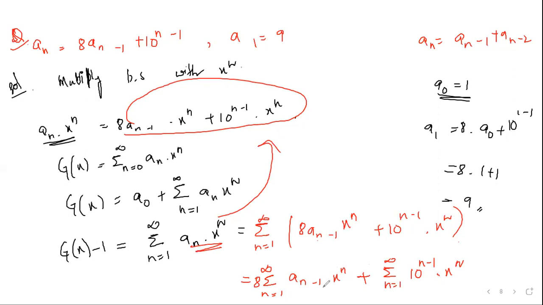Now, since we have n minus 1 in a_(n-1), let's make the power of x also n minus 1. How can I make it n minus 1? I can take one x outside this sigma, then I can have x^(n-1). Similarly, in this case also, I should take an x so that both these powers are equal. So let's do that.